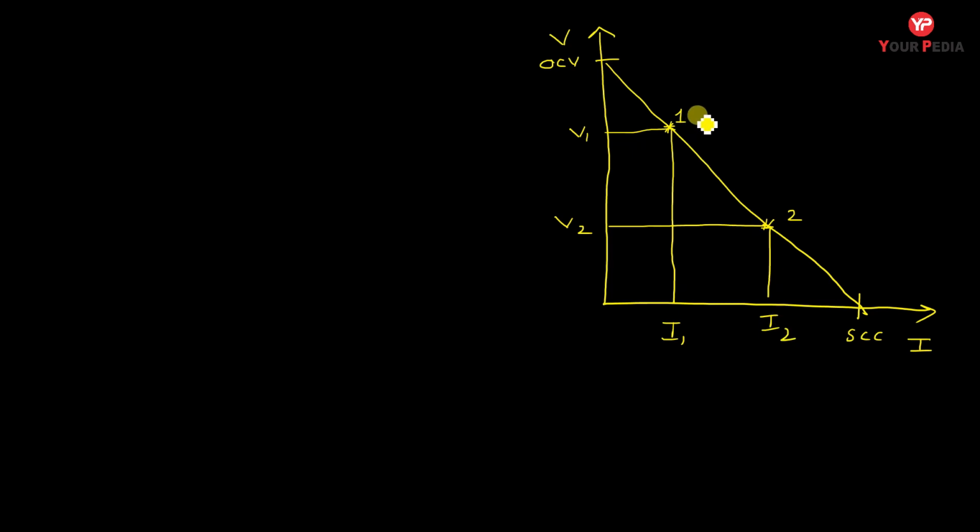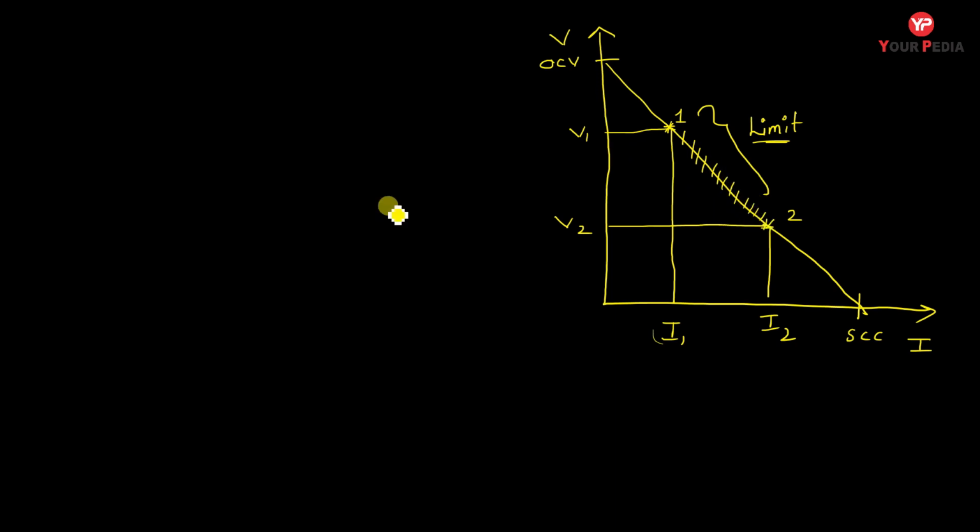So we put a limit on our machine that between these points we generally operate. We can generate maximum this much current and minimum this much current, and maximum this much voltage or drop and minimum this much voltage. So we can say this is the operating range of our machine.